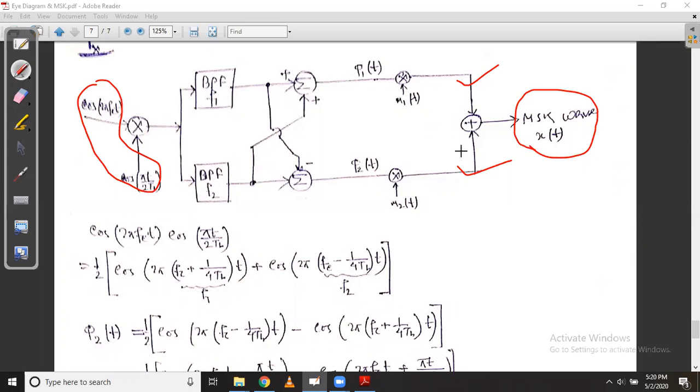Interestingly, we get this by using the upper section and lower section of the transmitter and summing up. So it's very important and interesting also.